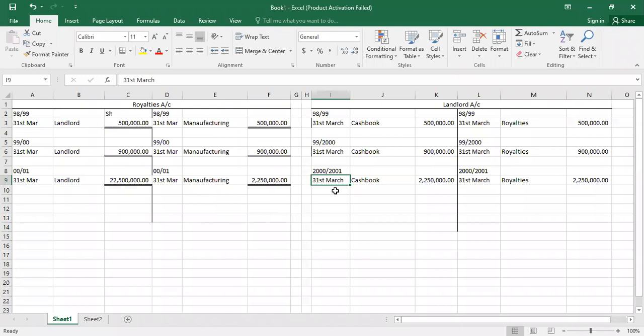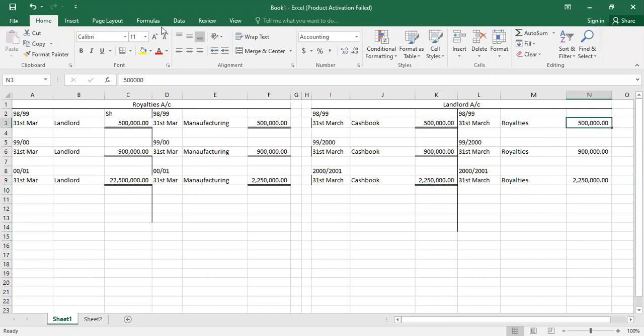That was the first or the introductory entry. Then the subsequent one is when you actually pay. When you are making the payment, you debit the landlords, you credit the cash book. And then the last transaction is when you are closing your books of account. So there we are.